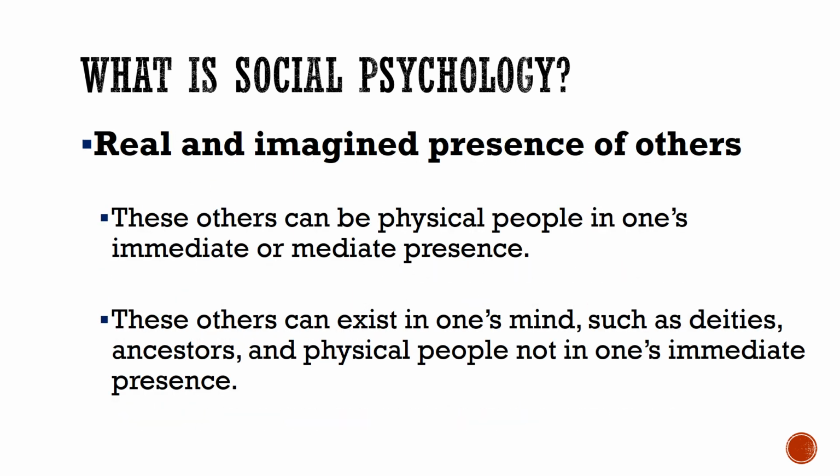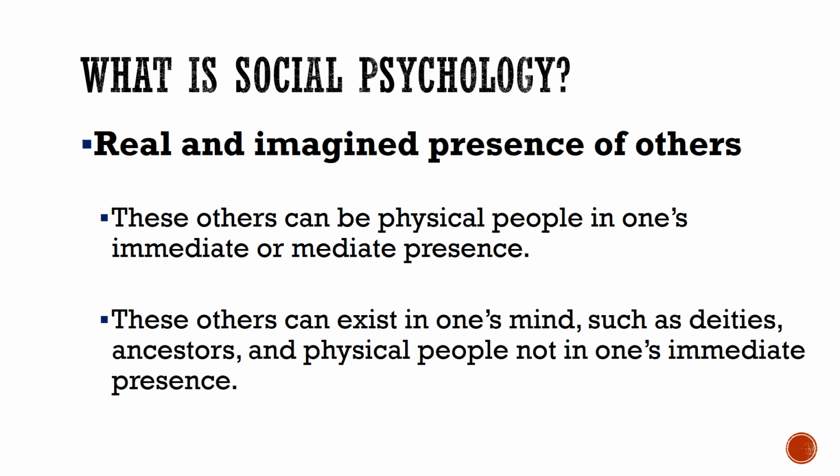These others can be physical people in one's immediate presence, like during a face to face interaction with one's mother or one's boss. It can also be physical people that are in one's presence in a mediated fashion, as when a person calls her mother over FaceTime or a telephone call, or listening to a lecture from your social psychology professor on YouTube.